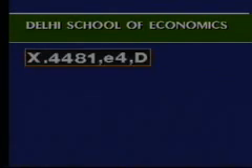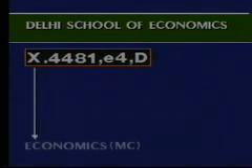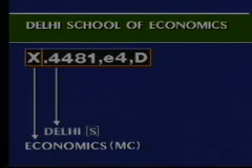Consider the title Delhi School of Economics. The complete class number is X.4481,E4,D, where X stands for economics, which is the main class. 4481 stands for Delhi, that is the space isolate.